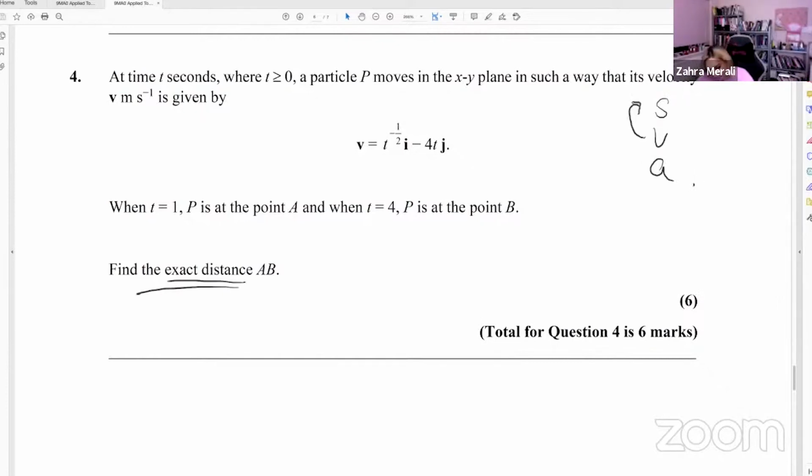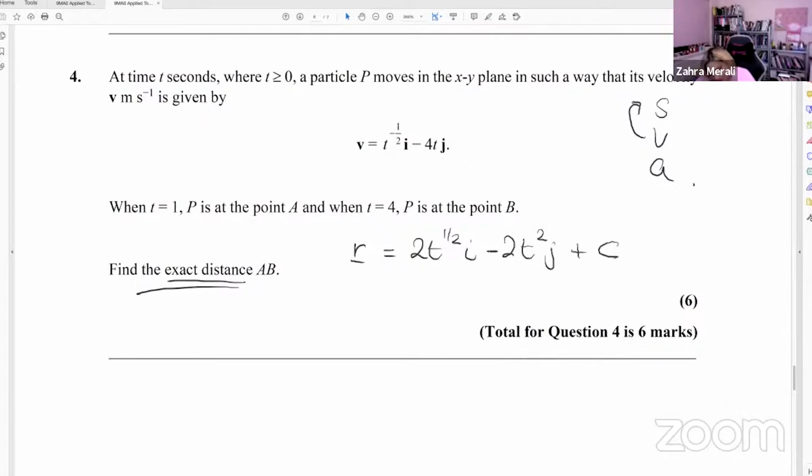So I integrate up, and remember when it's vectors, we normally call it r. Add 1 to the power, so we get t to the half, divide by the new power, that's going to become 2. Add 1 to the power, we get t squared, divide by the 2 gives us 2, plus c.